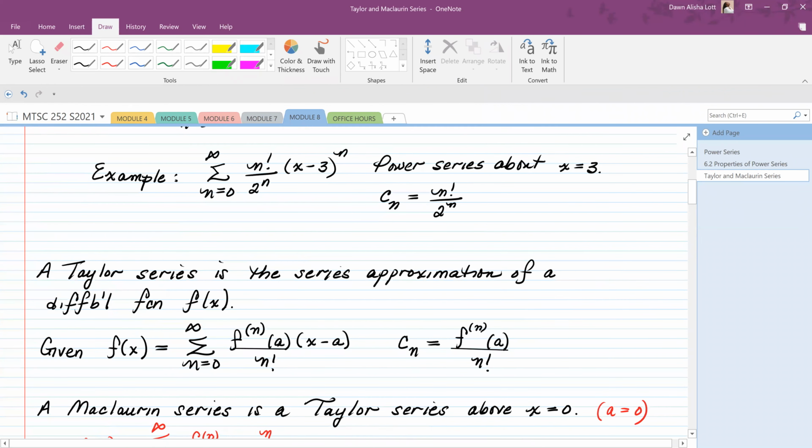And then we had the sine, which is the sum m equals 0 to infinity minus 1 to the m x to the 2m plus 1 over 2m plus 1 factorial.